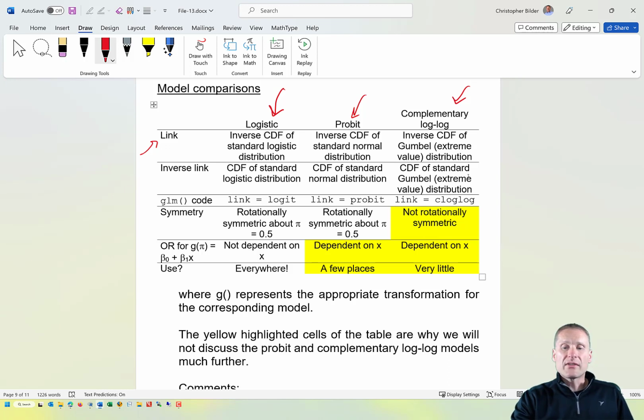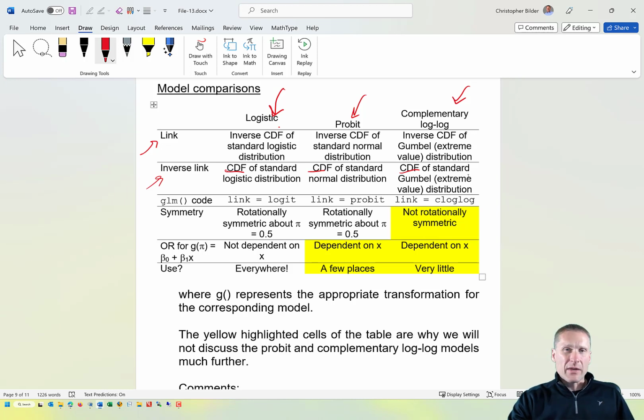Probit uses the inverse CDF of a normal distribution, and a complementary log-log regression model uses the inverse CDF of what's called a Gumbel distribution, otherwise known as an extreme value distribution. The inverse link function then uses the CDF of a logistic distribution for logistic regression, the standard normal for probit, and for complementary log-log, the CDF of a standard Gumbel. Since I'm working with CDFs, again, that guarantees that pi is always between 0 and 1.